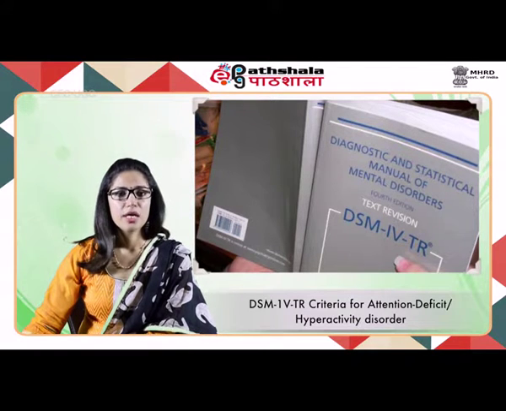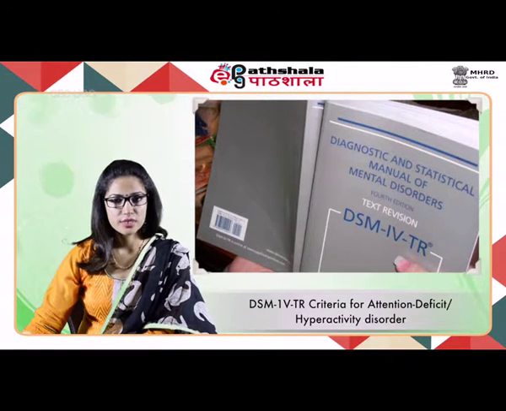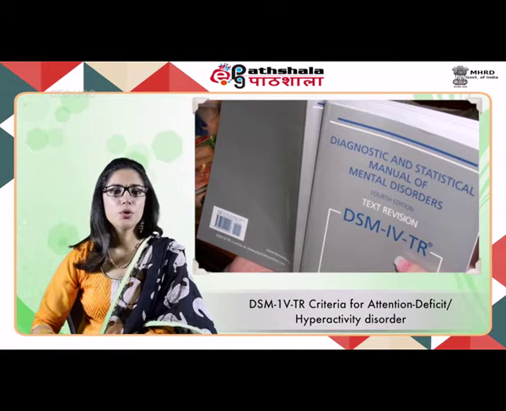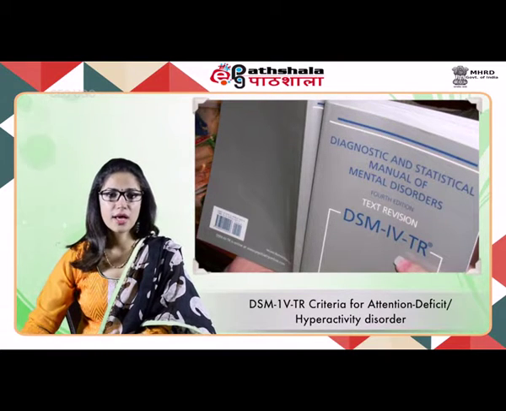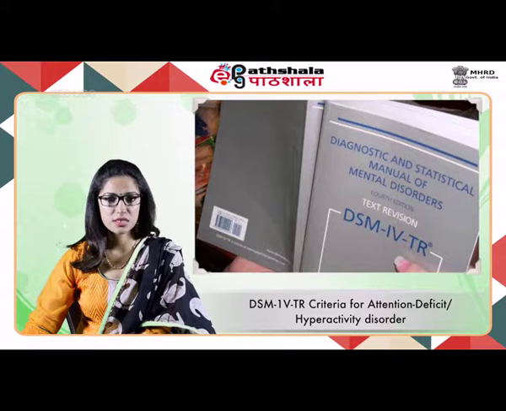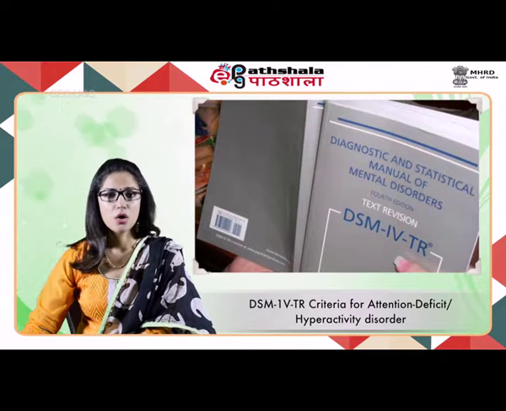Number 2. If 6 or more of the following symptoms of hyperactivity-impulsivity have persisted for at least 6 months to a degree that is maladaptive. A, often fidgets with hands or feet or squirms in seat. B, often leaves seat in classroom or in other situations in which remaining seated is expected.